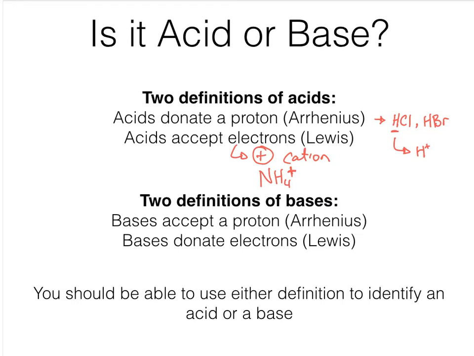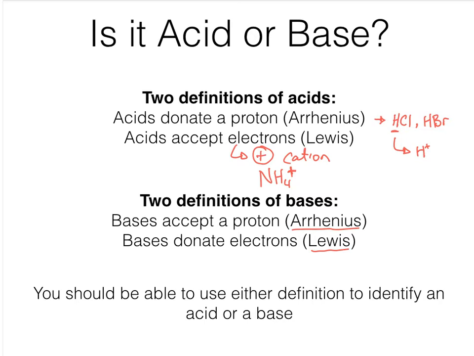Now, just like with acids, there are two definitions. Actually, there are a lot more, but we are going to talk about two definitions for bases. One definition is that bases accept a proton, and then another is that bases donate electrons. Accepting a proton is the Arrhenius definition, and donating electrons is the Lewis definition.